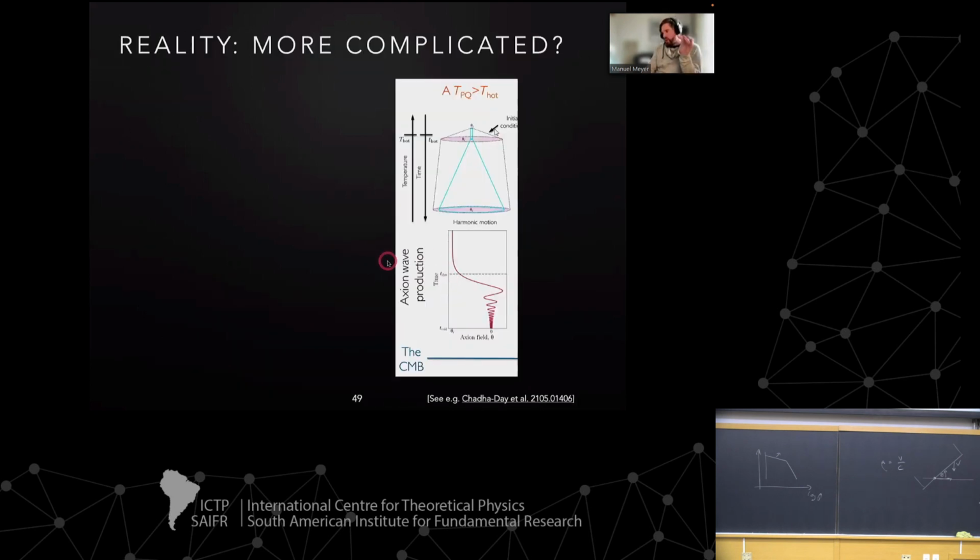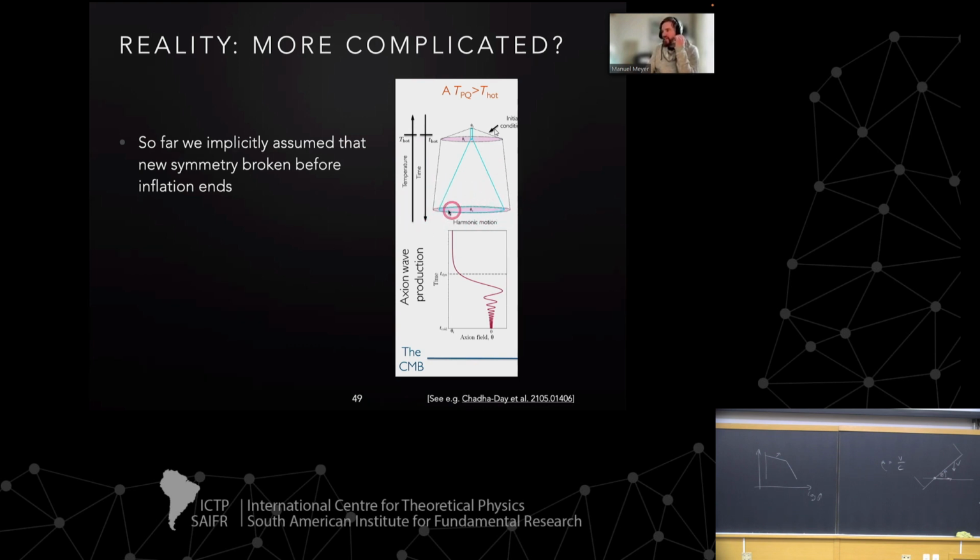Reality might be a little bit more complicated. So far we have looked at this picture here. So we have assumed that the symmetry is broken before inflation ends. So what does that mean? Some patch will be, through inflation, expanded exponentially to be essentially our horizon, everything that we can observe.